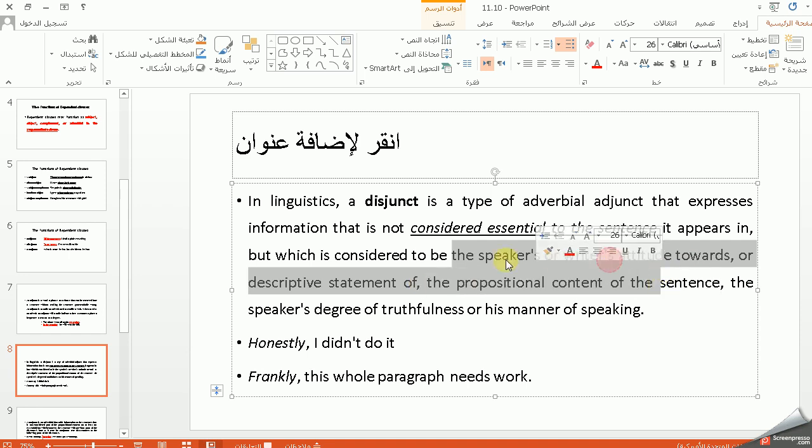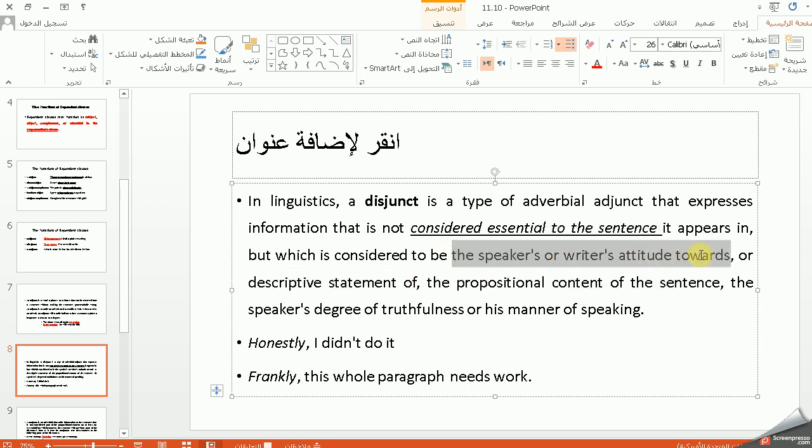So mainly it is about the speaker's or writer's attitude or position or beliefs. For example: honestly, I didn't do it. Frankly, this whole paragraph needs work. So you can remove these two parts, which are considered disjuncts.